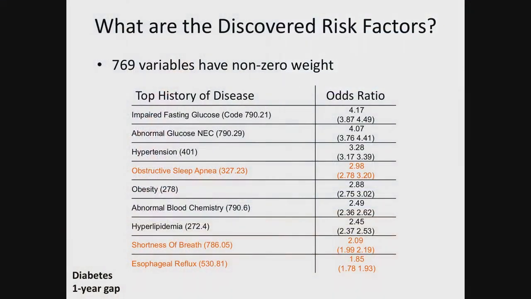So here what I'm showing you are the variables that have been selected by the model and have non-zero weight. For example, at the very top you see impaired fasting glucose, which is used by the model, and it's not surprising because we're trying to predict whether the patient is likely to develop type 2 diabetes. Now you might ask, if a patient has a diagnosis code for impaired fasting glucose, aren't they already diabetic?